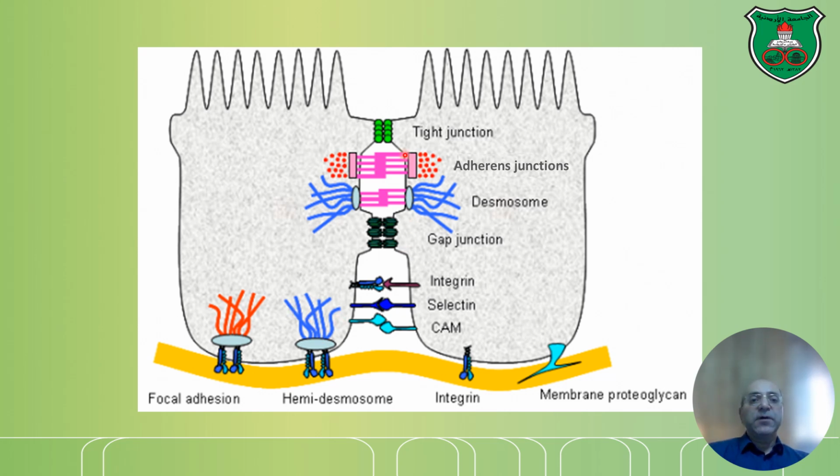We have cell-cell interactions that take place via tight junction, sealing the spaces and sealing the membrane. We have adherens junctions, cadherins forming homophilic interactions between two cells, and these cadherins interact with the actin filaments. Then we have desmosomes, right?